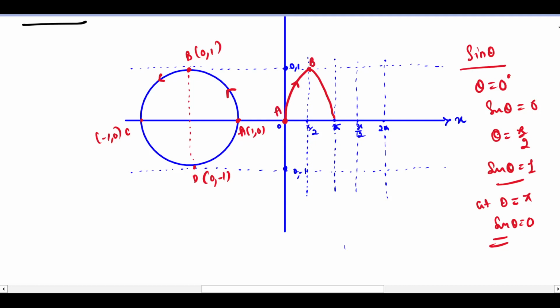This is point B, and this is point C. Again, at theta equal to 270 degree, sine theta is minus 1. So from point C it will move to point D, and the value of sine theta decreases from 0 to minus 1.